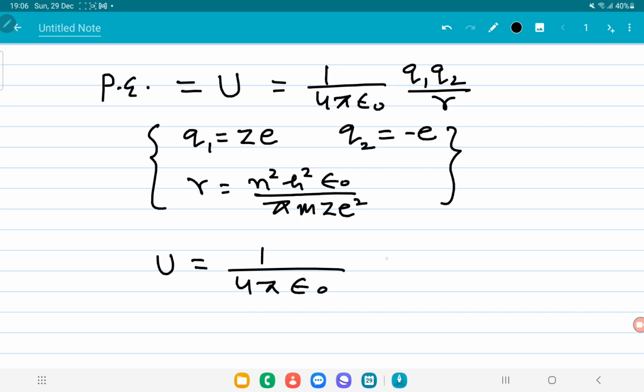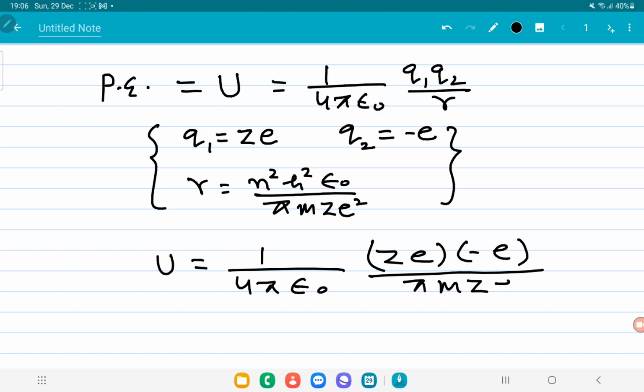pi epsilon naught, Ze into minus e. Remember, whenever we solve problems on potential and potential energy regarding charges, the sign of the charge is necessarily considered. Over pi m z e square. Sorry, the substitution is slightly not correct.